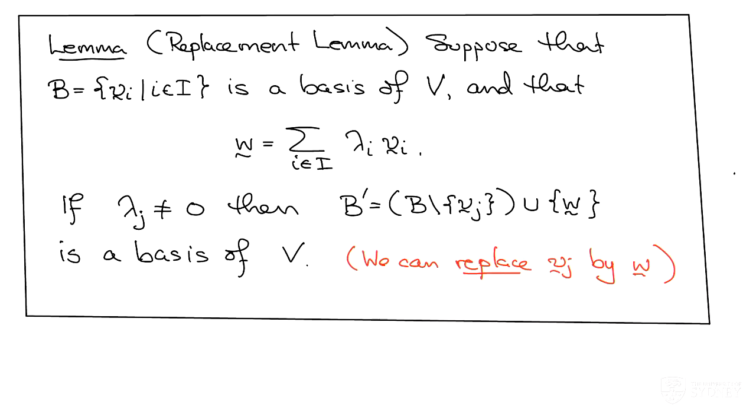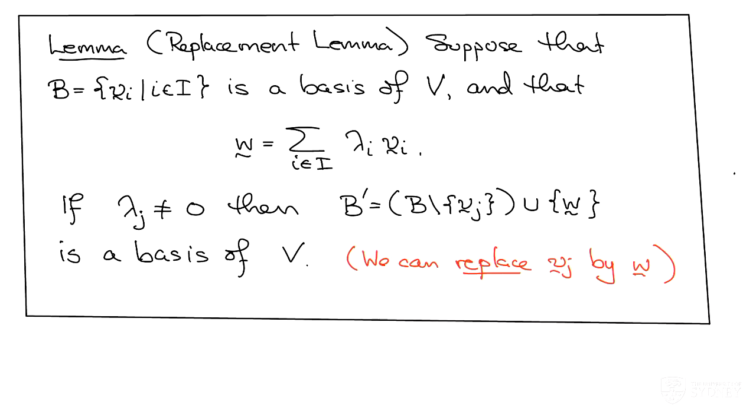So we've got a basis of our vector space. Actually here I'm not even insisting finitely generated, I'm just saying it's a basis. So this indexing set I could be enormous, we don't really know. But anyway, think of the finitely generated case. If we've got a basis and we've got an element w which is a linear combination of these basis elements, and if that lambda j coefficient, say, is non-zero, then what I can do is take the old basis, throw away v subscript j, and throw in w.